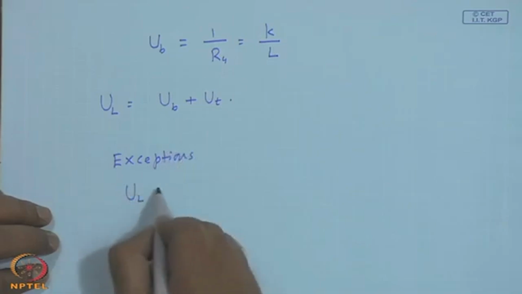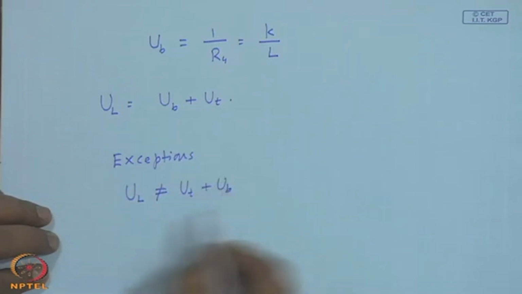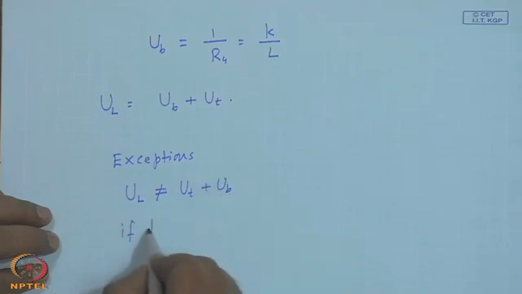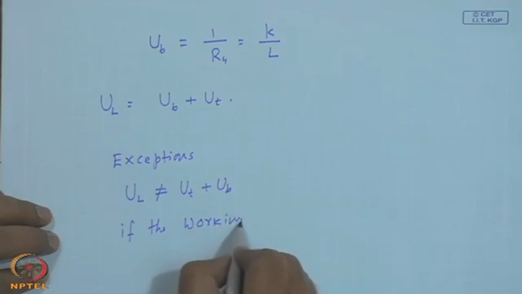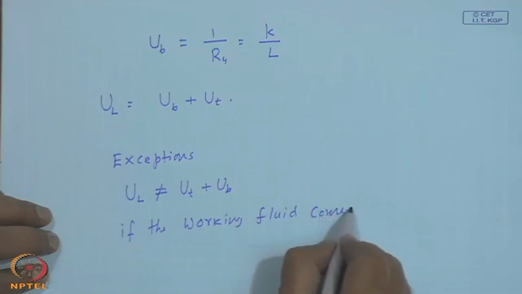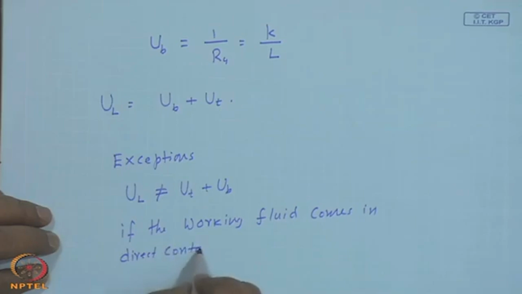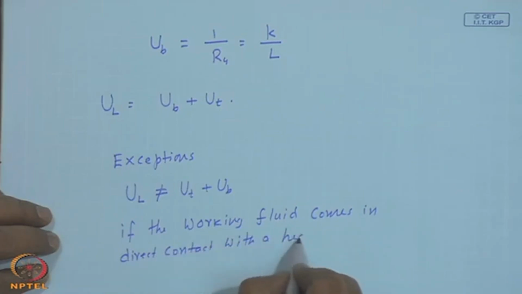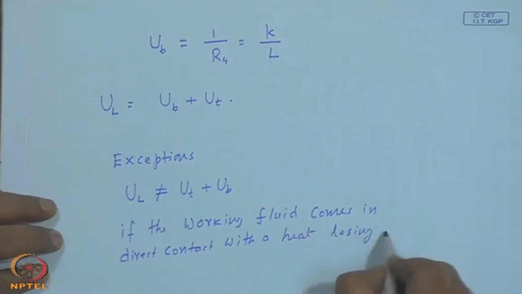U_L will not be equal to U_t plus U_b if the working fluid comes in direct contact with a heat losing surface.